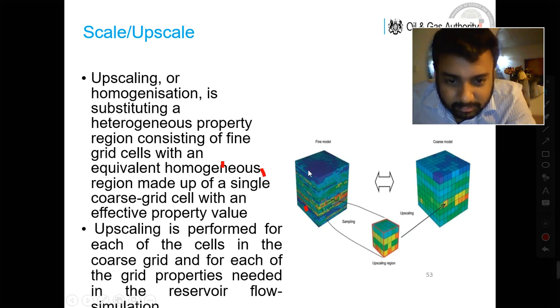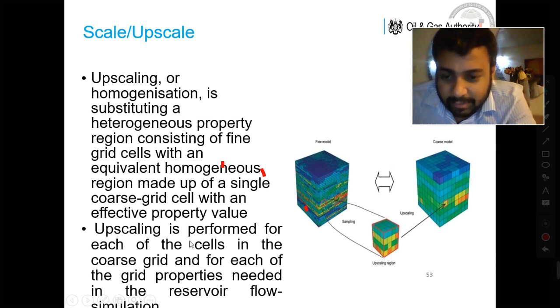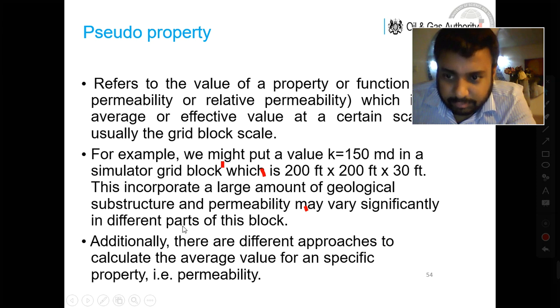If you run the simulation for this one and for that one, they are different. It will take double the time than this one because here the blocks are fewer, here the blocks are more. We don't want to put so many grid blocks that our simulation takes 7 days, 10 days, or 20 days. At the same time, we don't want to make it so simple that it gives us a large error. So we call it upscaling. We have to upscale each cell and look at how it all goes.